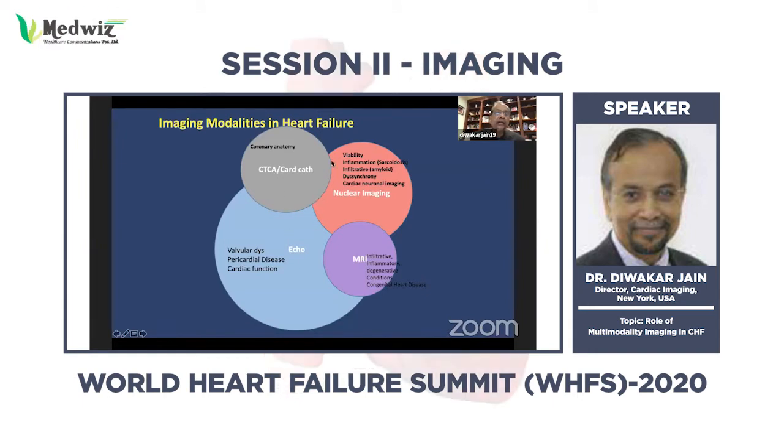There are several questions which can be answered by any of the techniques, but then there are several questions, like the etiology of the heart failure, whether diastolic dysfunction is contributed by amyloidosis or by sarcoidosis. For those, you require very specific tests which cannot be carried out by every single modality, and these would be considered the niche areas.